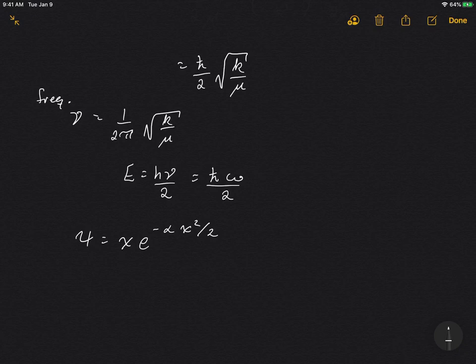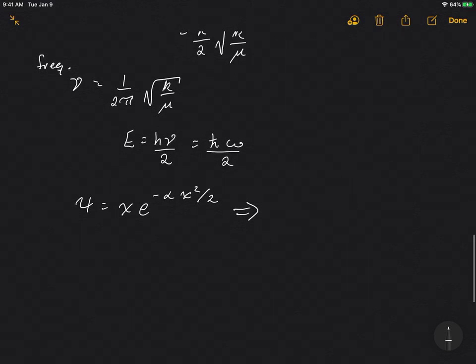We can plug that in, take the second derivative of it and everything. It also gives a solution, but at a different energy, 3/2 h nu.